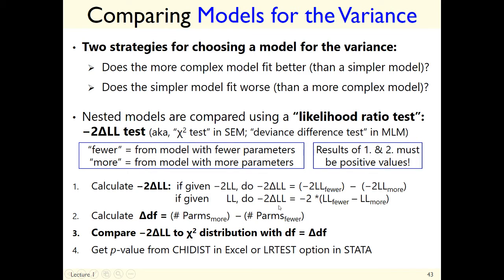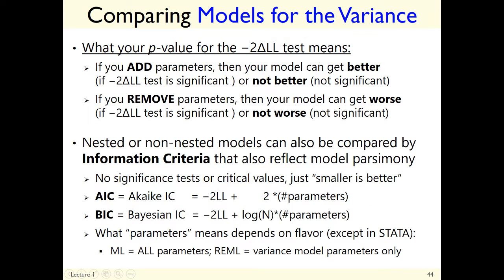That positive value is then compared to a chi-square distribution with degrees of freedom equal to the difference in the number of parameters. You can do this with an option called LR test in Stata directly. I built a little macro in SAS, and I also have an Excel spreadsheet that you can download as part of your download packet that uses the chi-dist function. So for any of those, you can get an exact p-value rather than just getting a critical value.